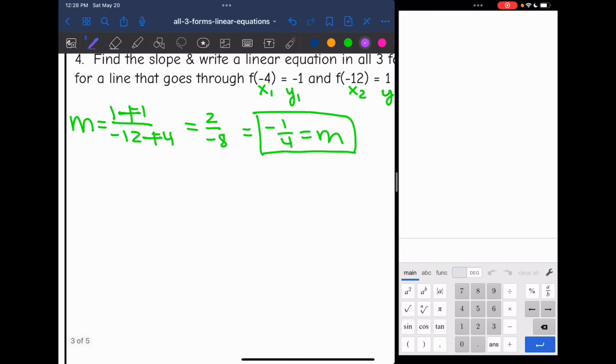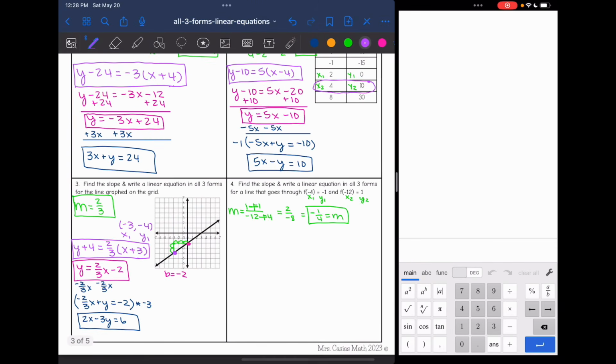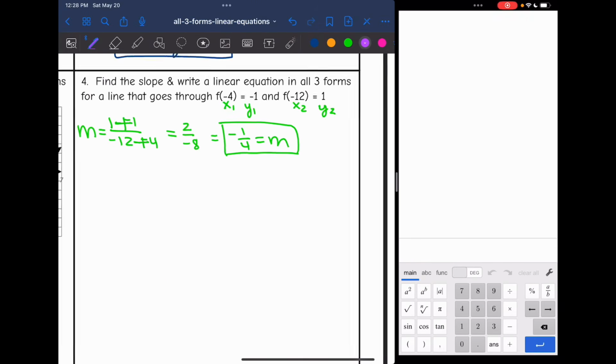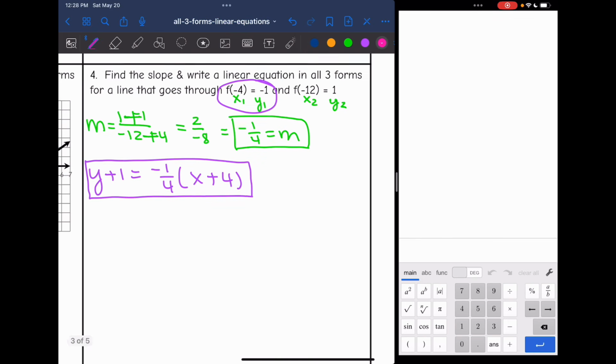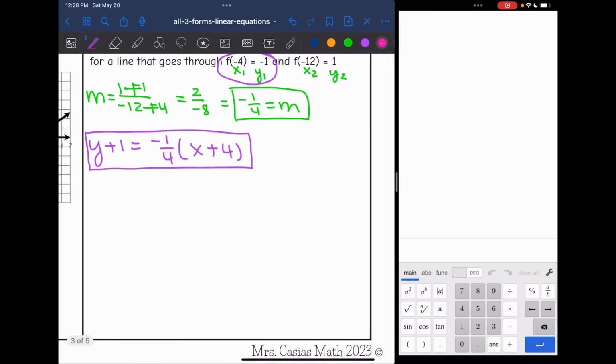And now I can write my equation in point slope form. I'm just going to use the first point. So it'll be y minus y1, so y plus 1, equals our slope of negative 1/4 times x minus negative 4, or x plus 4. So there's my point slope form equation. Now I'm going to convert it to slope-intercept form.